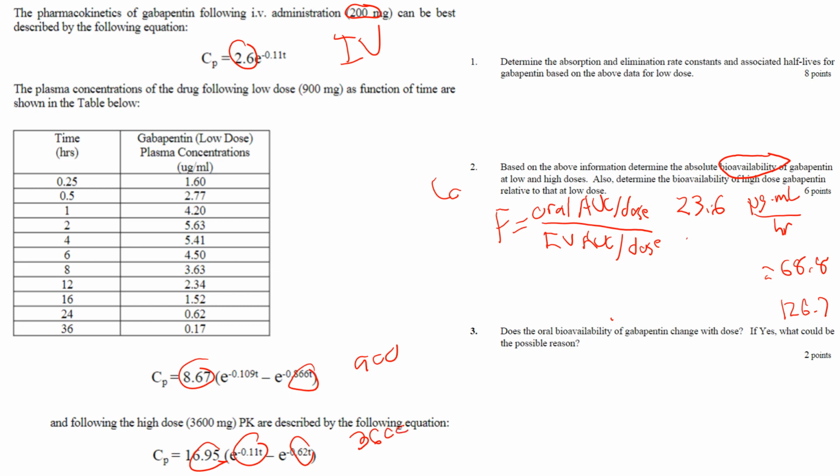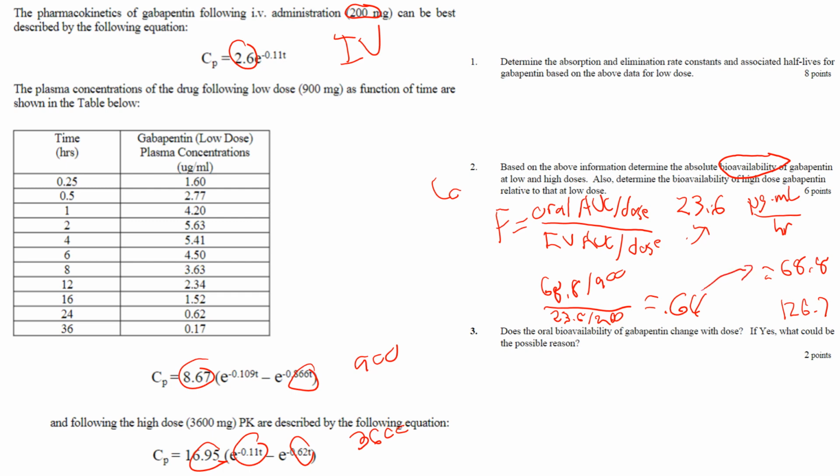So I'll write all that out. 68.8, our low dose oral AUC, divided by 900, over 23.6 divided by 200. Put that in my calculator. For that, we get 0.64.